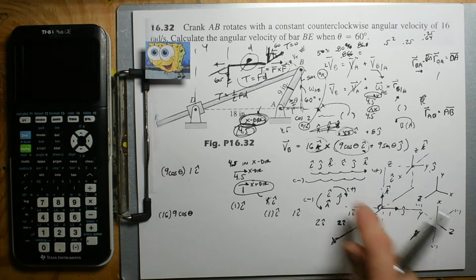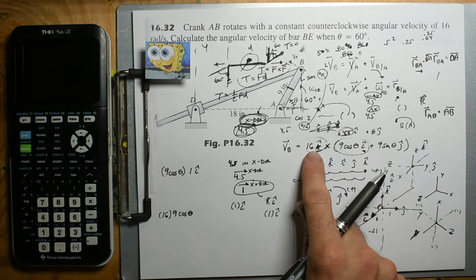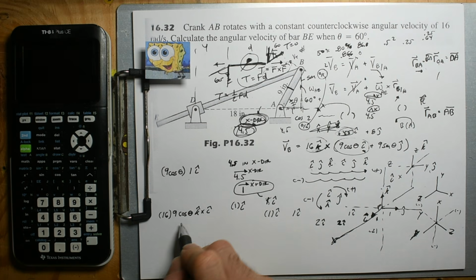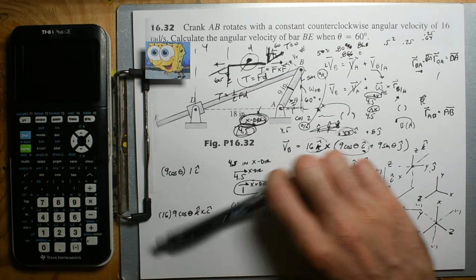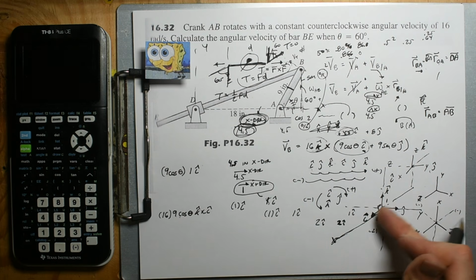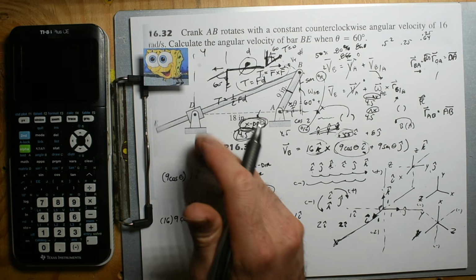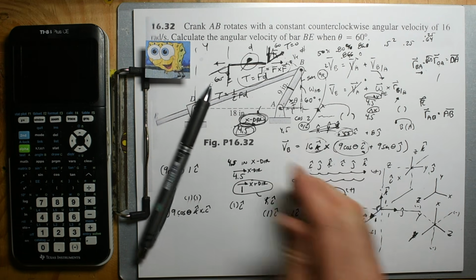So a lot of people just go for it, but you're still going to have k cross i. You're going to have the scalars multiply, but we still have to do the cross product of k cross i. What is that? I'm going to have still a magnitude of 1. Both have a scalar component, and then we have the vector component.